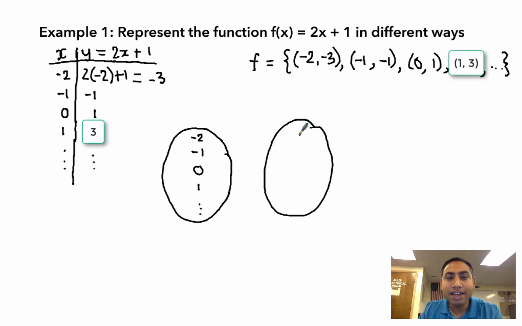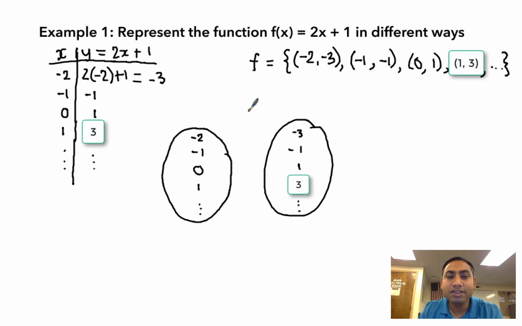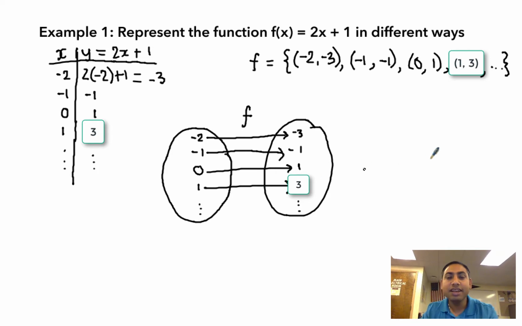And then for the y values, it's -3, -1, 1, then 2, dot dot dot. Now I have to give the name, and it's f here, so I'm just going to put f here. And then draw arrows to represent the correspondence. So -2 maps to -3, -1 maps to -1, 0 maps to 1, and then 1 maps to 2. Okay, so that's the mapping representation.